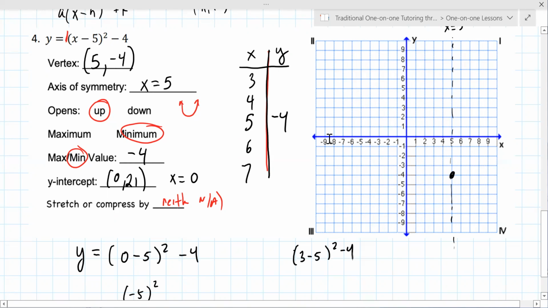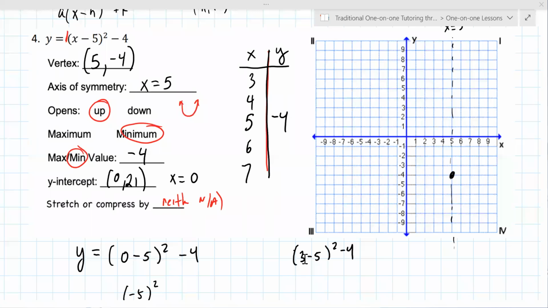Could you attempt that and tell me what the result is? So 4 minus 4. No, 3 minus 5 squared. You're putting 3 in for x.